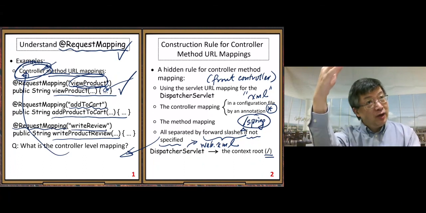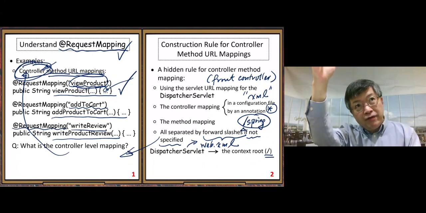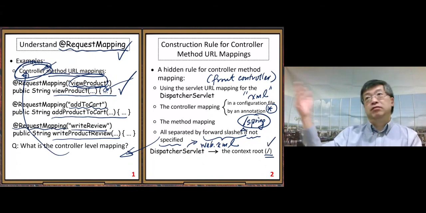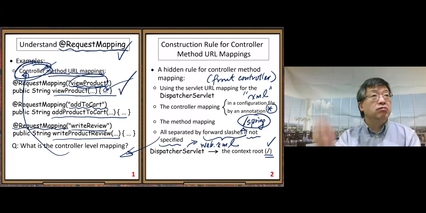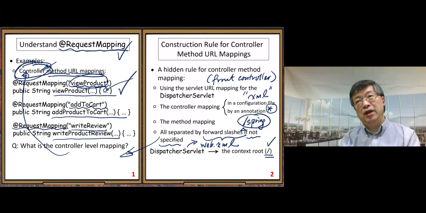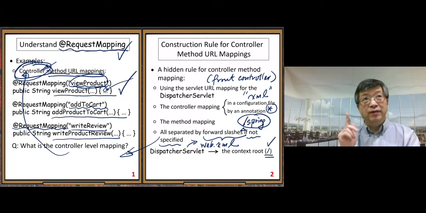For a different framework, we use / and the name of that framework. But if you only use Spring, with no confusion, most people like to use the simplest, just the one / to map to your web application context root.